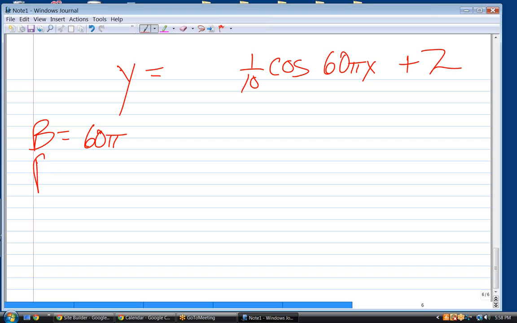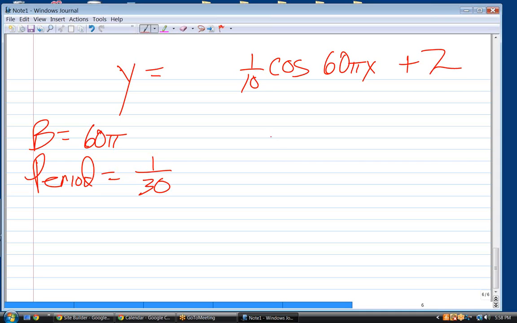So the period is what? 1/30th. Remember, when this number is greater than 1, it's going to scrunch up your curve. This is a lot greater than 1. This is like 180. So our period goes from a regular size number to a small fraction.